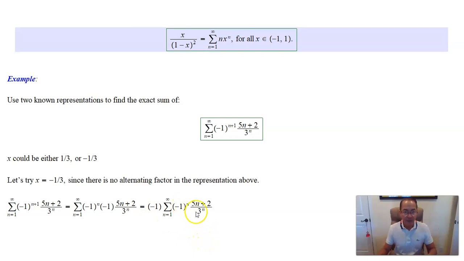And now we have minus 1 to the n over 3 to the n. Let's do one more step. Okay, so now let me take that numerator and put it on the left, and we will put the minus 1 to the n in the numerator. Okay, see what I did? 5n plus 2, scoot to the left, minus 1 to the n, make that the numerator.